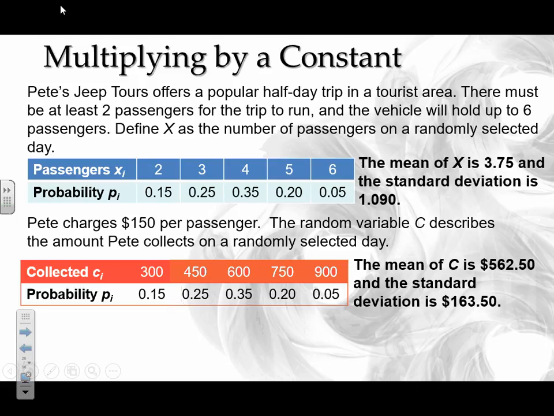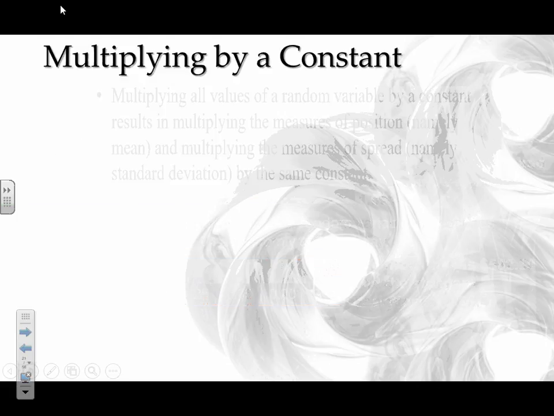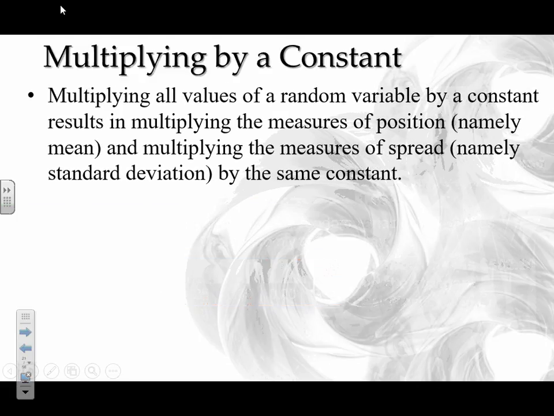So what this leads us to is our first set of rules. When we take a random variable and multiply it by some constant, then our measure of position, in this case the mean or expected value, also gets multiplied by that constant.